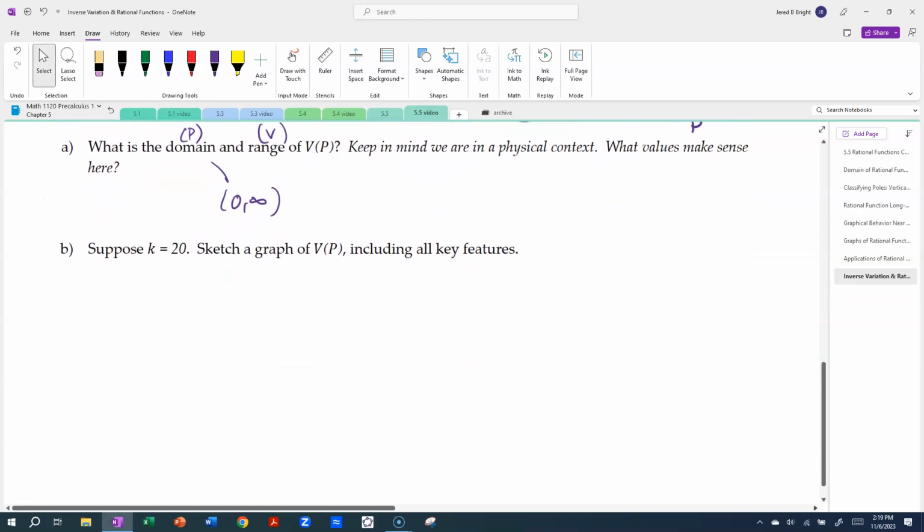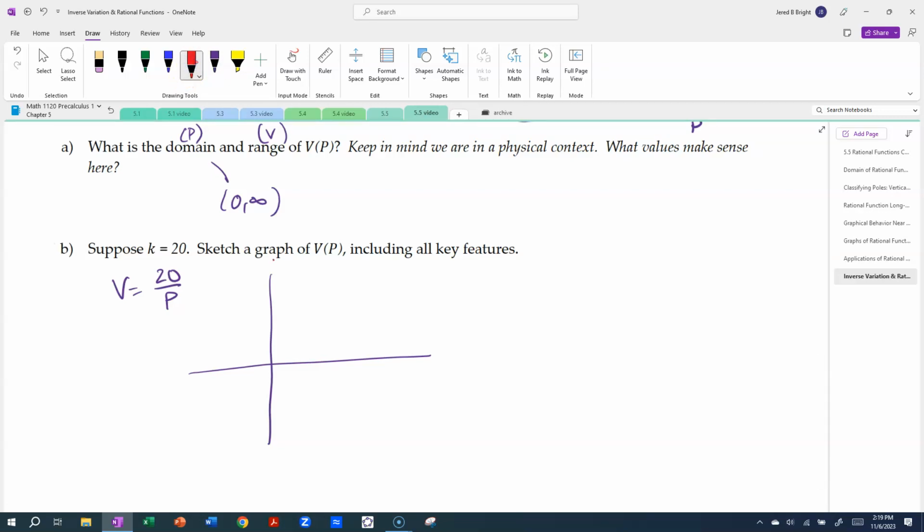If we now say that k is equal to 20, we get the function V is equal to 20 over P. If we were to sketch it, I'd have a vertical asymptote at the P is equal to 0 line. The horizontal asymptote is also going to be at 0. I'm just doing a very quick sketch, and I might need some points.